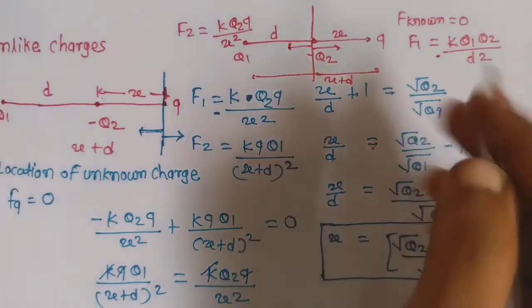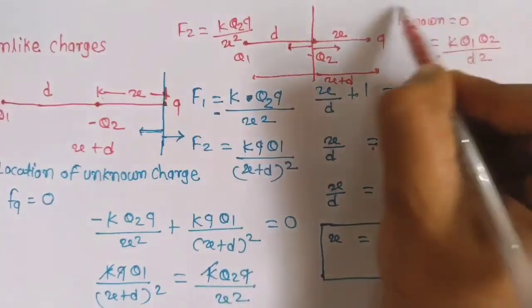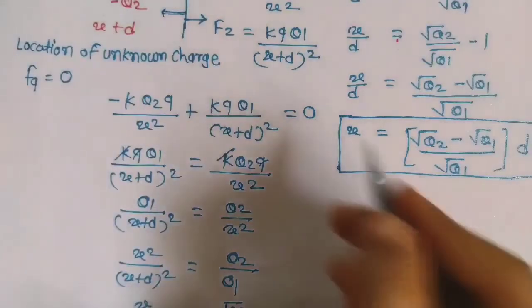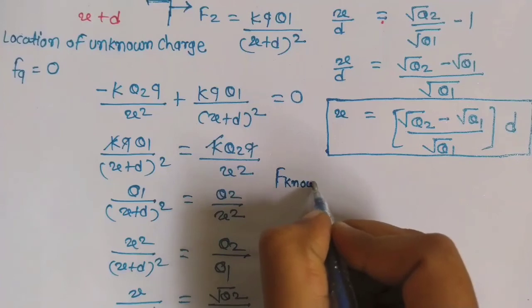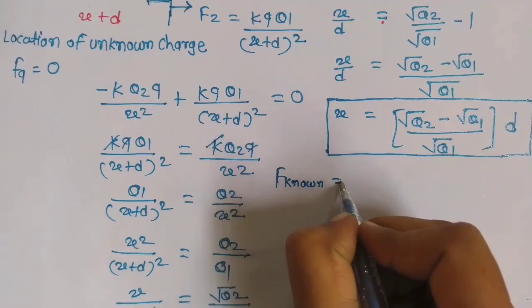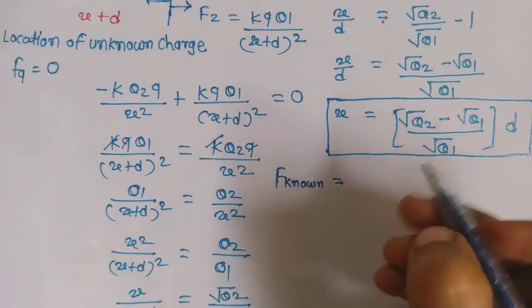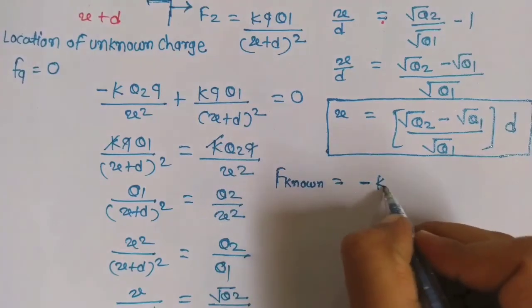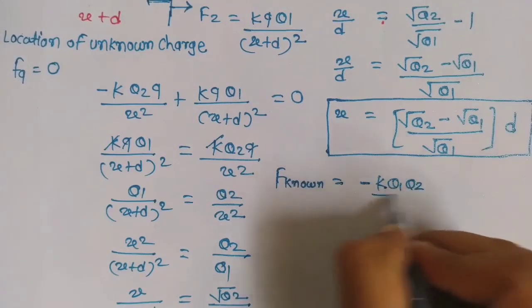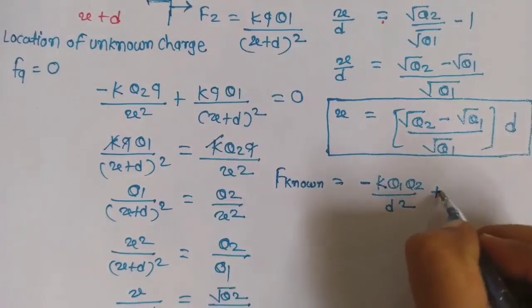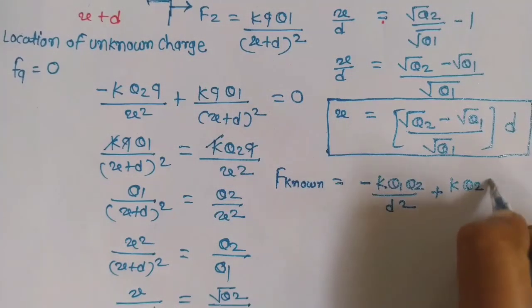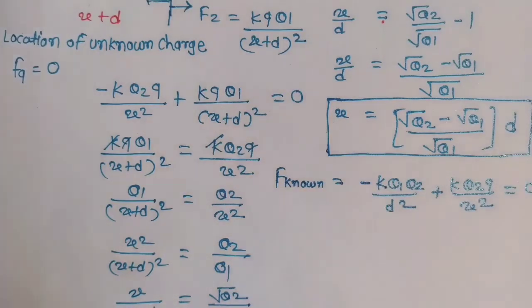So this has negative sign, this has positive sign. And we add it, so we get F known. F known is equal to, what is F1? F1 is minus k Q1 Q2 upon d square. What is F2? F2 is k Q2 Q upon x square, is equal to 0.